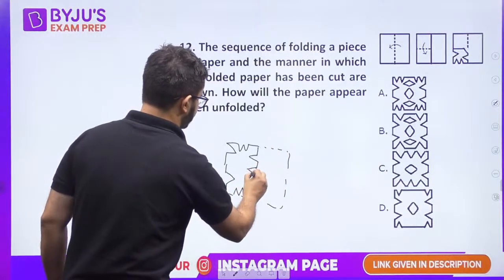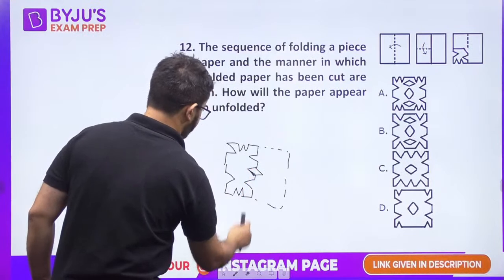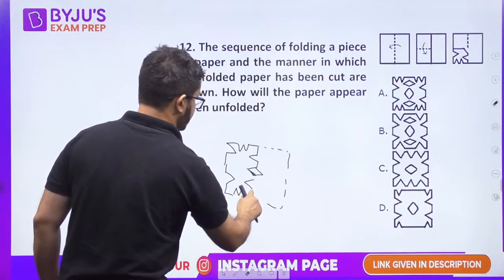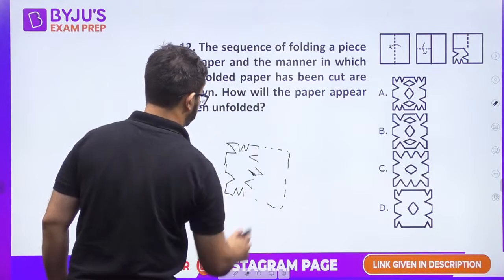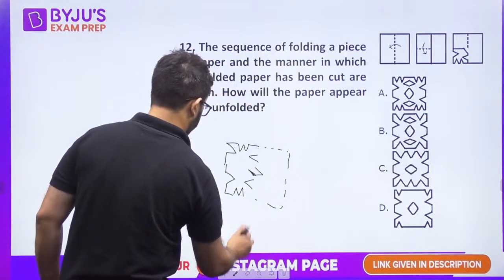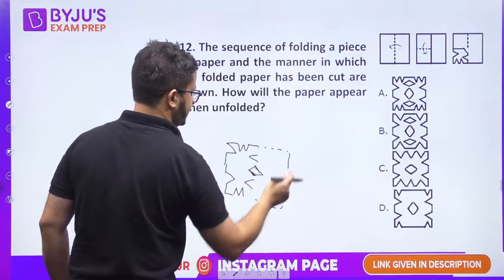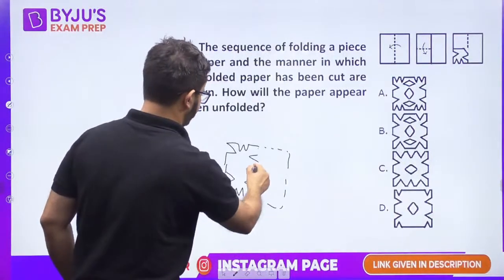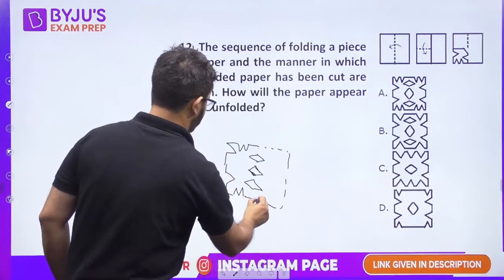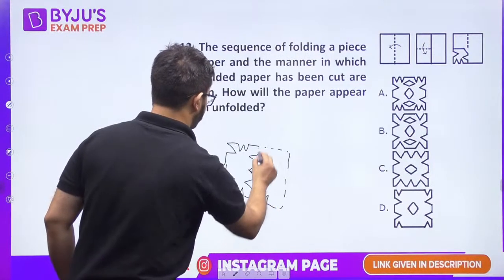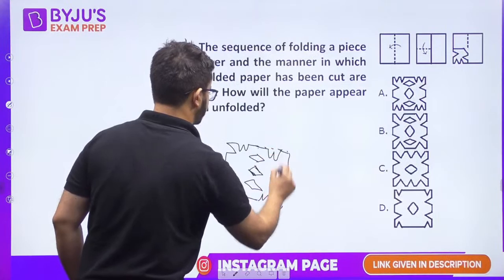so we will get a parallelogram in the center, right? Then we will get 3 parallelograms like this. थोड़ा सा ये शेप मतलब ऐसा बड़ा पैरेललोग्राम बनेगा. This parallelogram, this 3, and then there will be M shape like this, and then W shape like this.